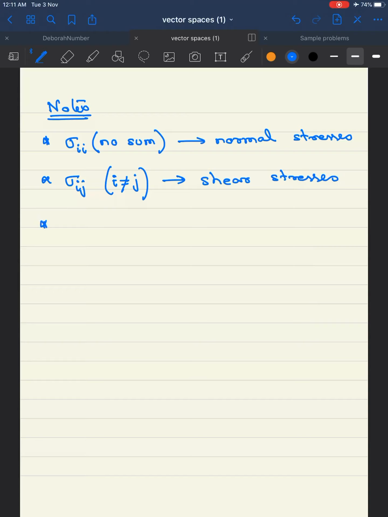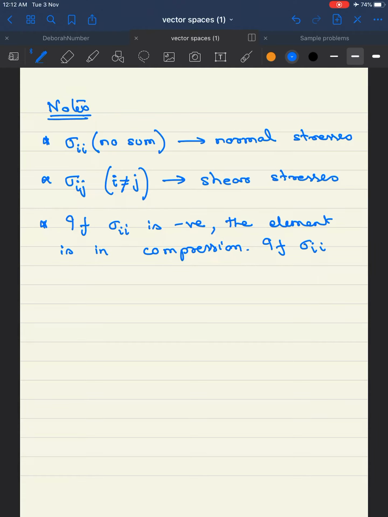And you can have negative, so if sigma ii is negative, then the element is in compression. If sigma ii is positive, okay, no sum, okay, sigma ii means sigma 1,1, and so it's not the sum of sigma 1,1, sigma 2,2, not that, but I didn't have space, I mean I just forgot.